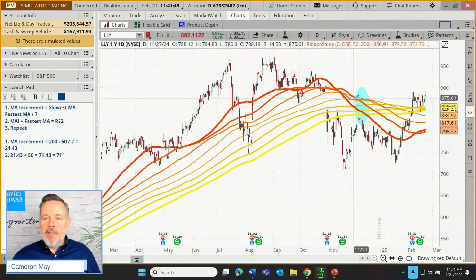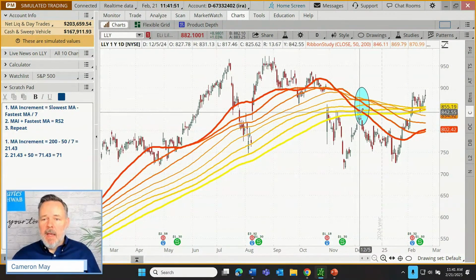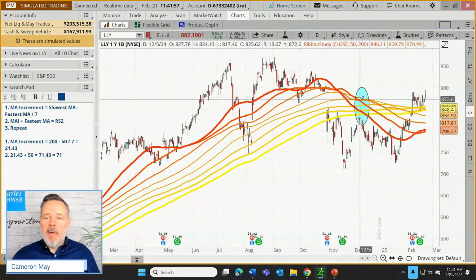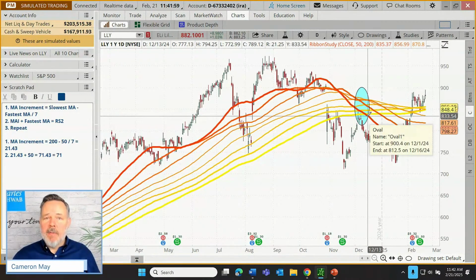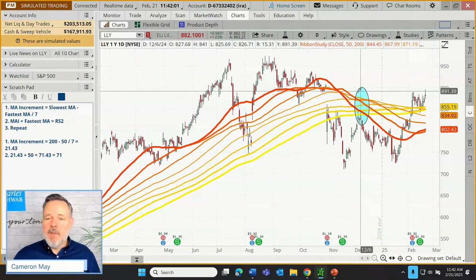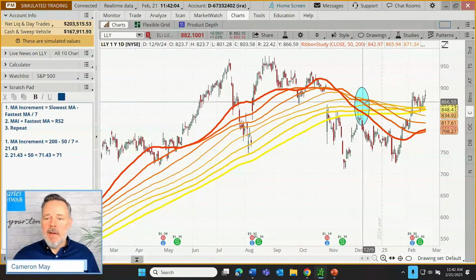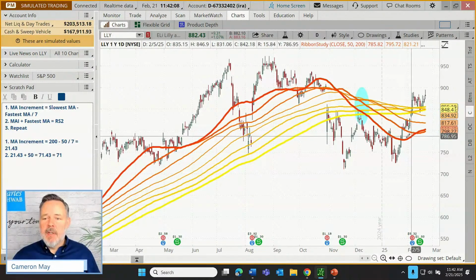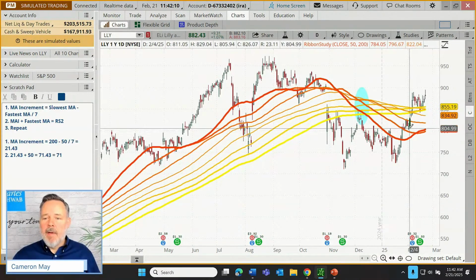Trend might be reversing. And when a trader is looking for an entry using this, they might just wait for that reversal to sort of work itself out. So a common signal here is to wait for these to squeeze together, and then for our fastest moving average to start crossing up above the others.